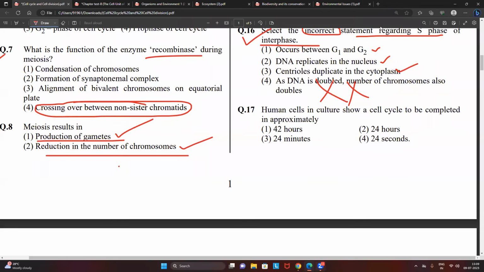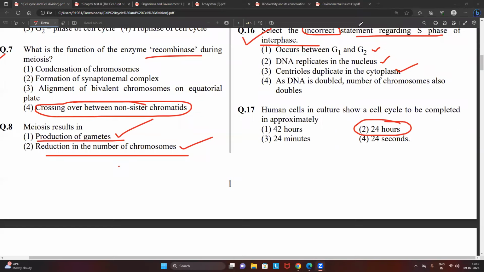Then question number 17 says that human cells in culture show a cell cycle to be completed in approximately. Every student commonly knows, right, friends? A typical human cell divides once in approximately 24 hours.